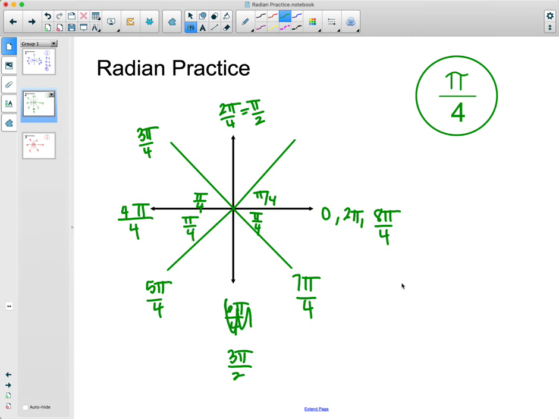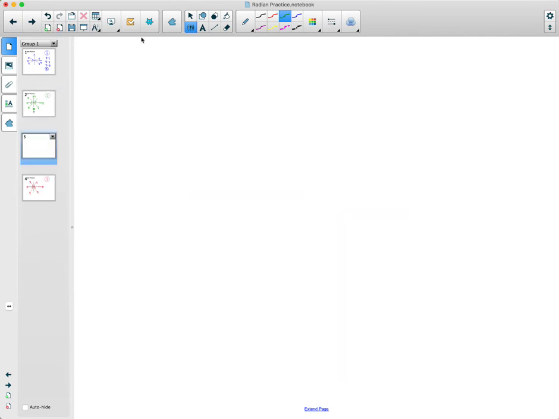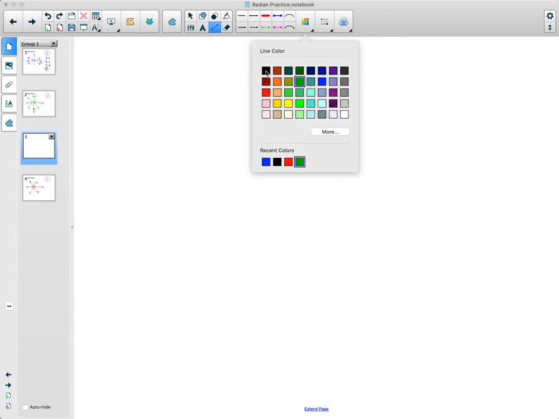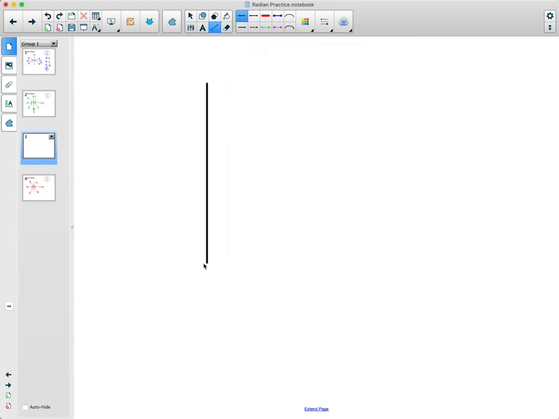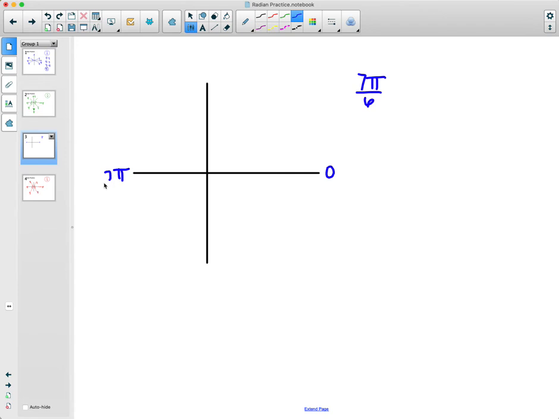Okay, so when you're trying to figure out where an angle goes, if I asked you where an angle was, so if I was asking you to do 7 pi over 6, okay, the first thing I think about is this is 0, this is pi, so I would write this as 6 pi over 6.